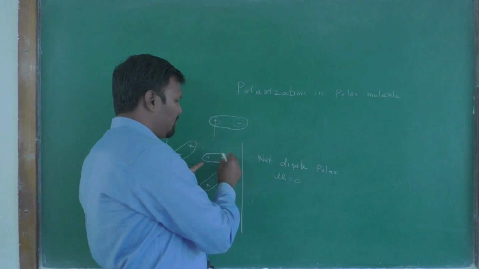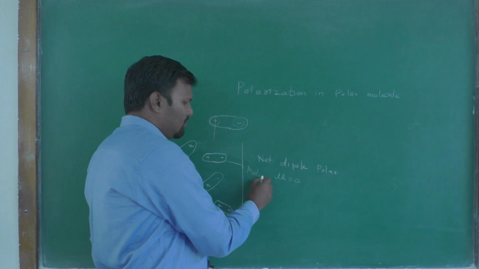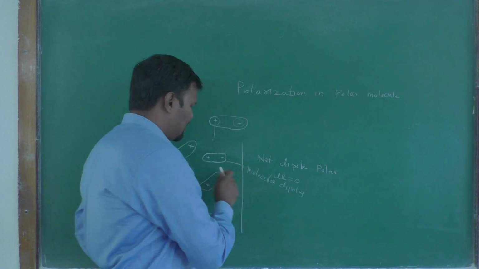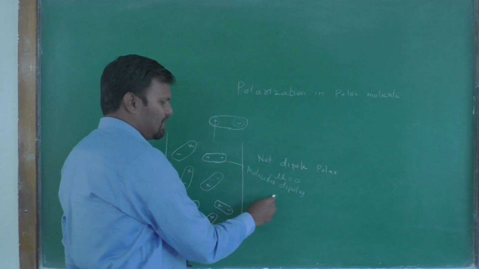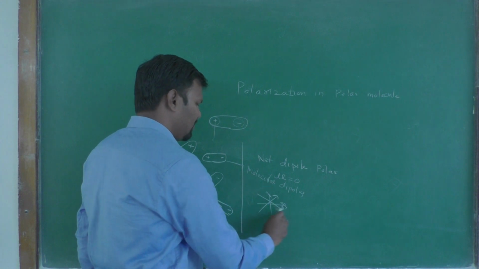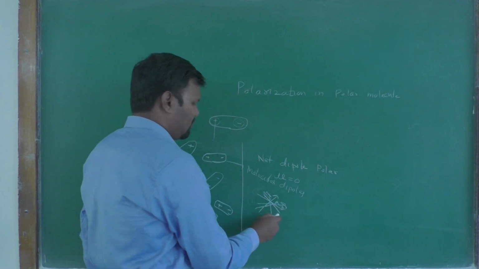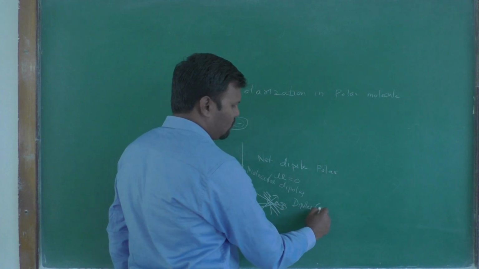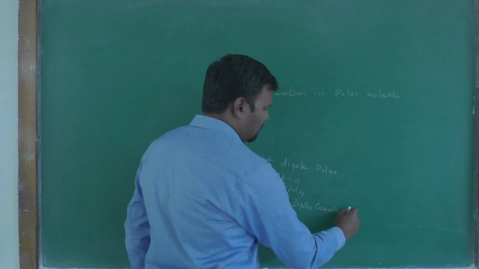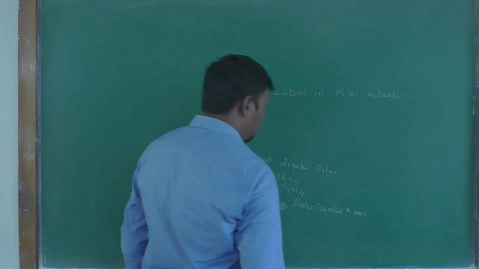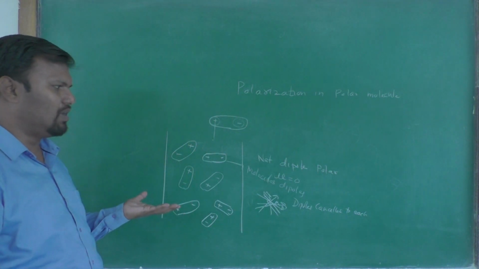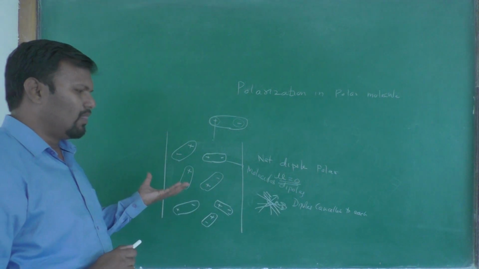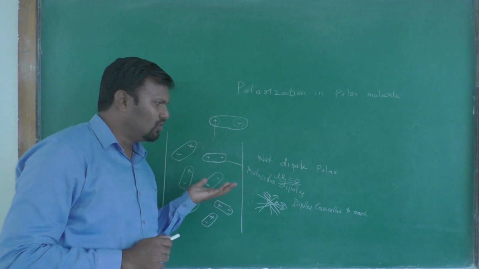Okay, the molecular dipoles are randomly placed, in any direction. Therefore the dipoles cancel each other, so the value of dipole moment will be 0 for polar molecule also.